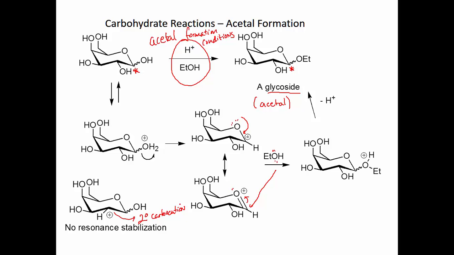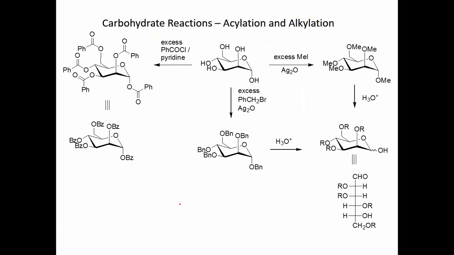using acetal formation conditions, and only that OH group is touched under these conditions. All right, we can also do a less selective alkylation or acylation by doing, basically, this is an example here on the right side called the Williamson ether synthesis.